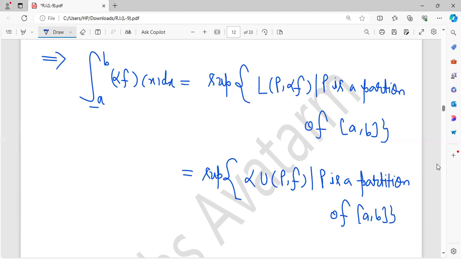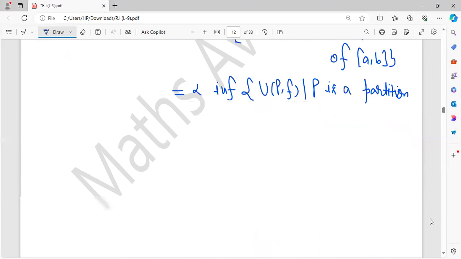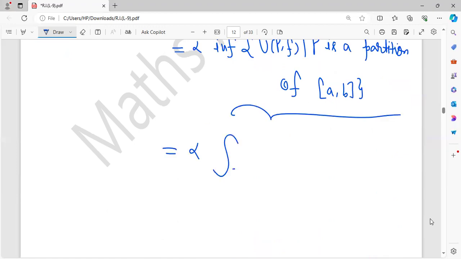Because alpha is negative, if I take it outside, it will be the infimum of U(P, f), where P is a partition of the closed interval [a, b]. But this is nothing but the upper integral of f. But f is Riemann integrable. Then what is this?